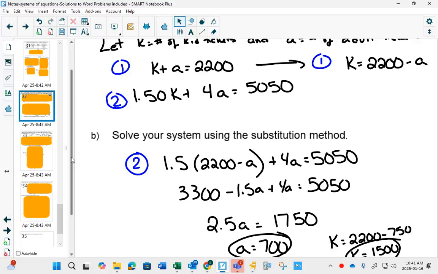Now this question asks you to solve with a graphing calculator.